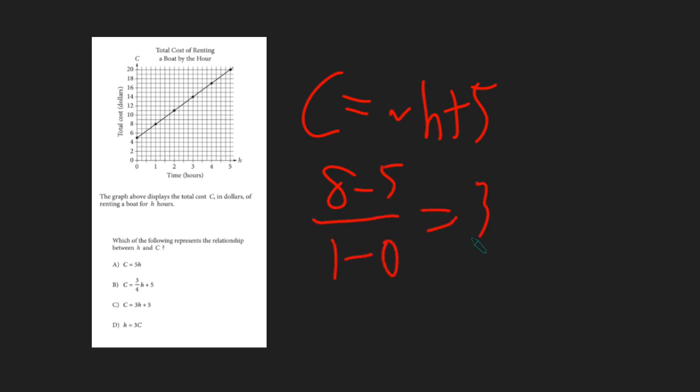Well, we know that C equals something H plus 5. And the slope is just going to be 8 minus 5 over 1 minus 0, which equals 3. So that something is going to be 3. So the answer should be C. C equals 3H plus 5.